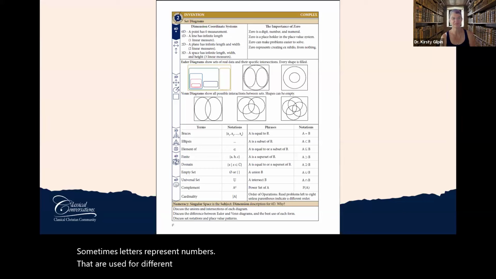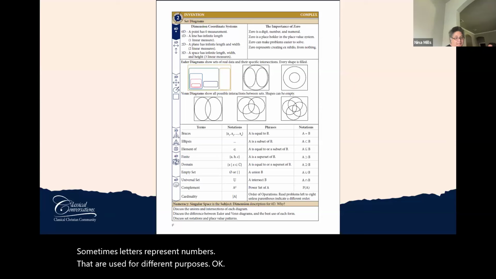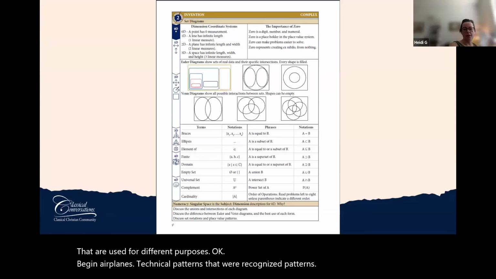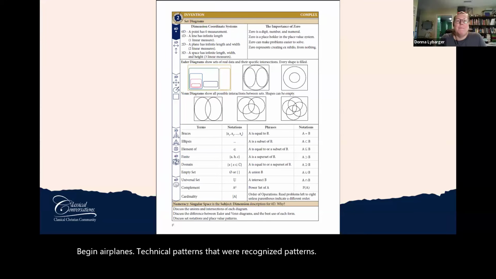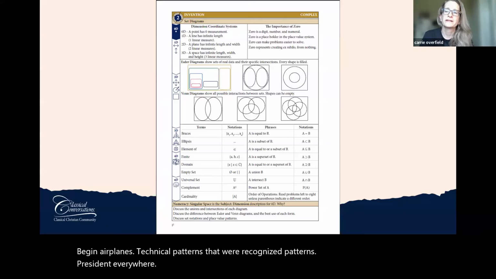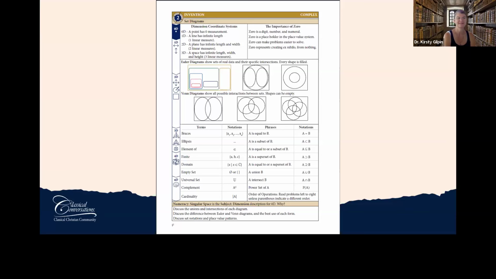Okay. We can use them to form patterns or recognize patterns. Numbers have an order. They're present everywhere. Was it Plato who said all is number? Good. Okay.